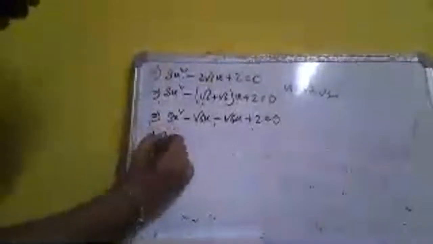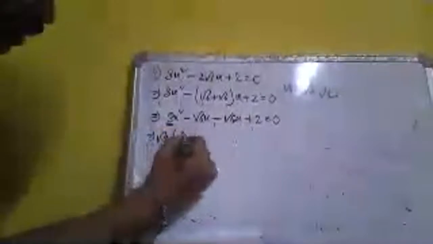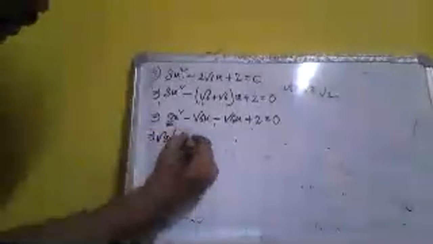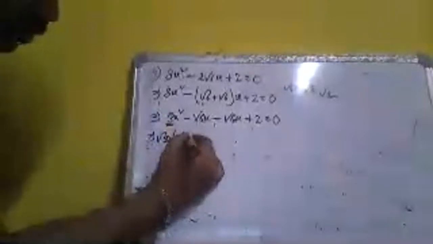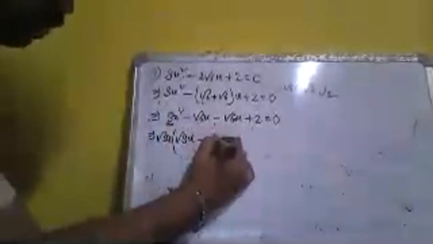Root 6 means root 3 into root 2, no? Then if we take the common root 3, then here 3 is there like the previous one. Root 3x you take the common, then there x square is there, root 3x minus this one is root 2.